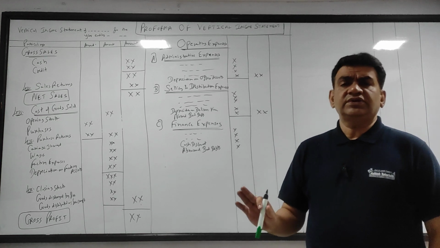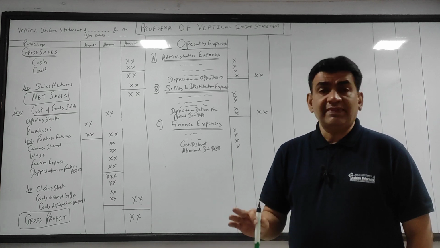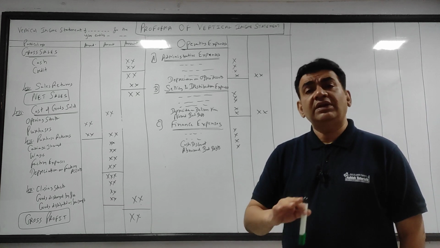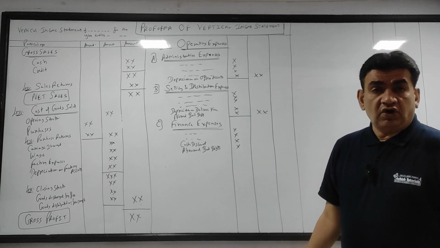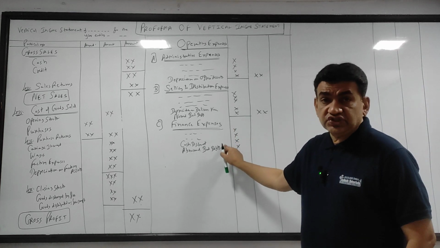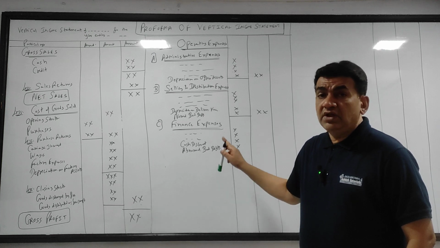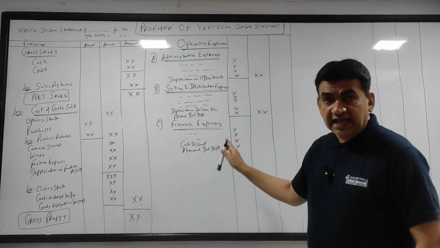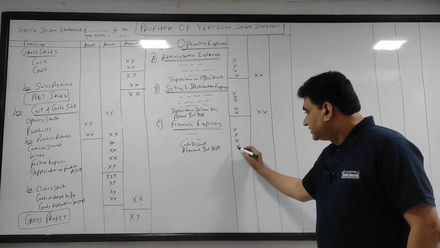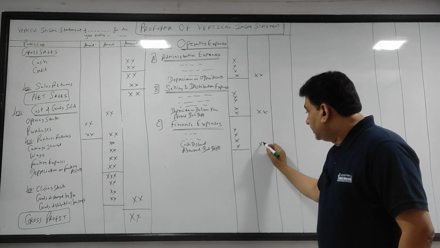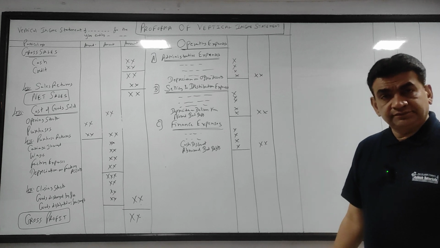They will give you in the question abnormal bad debts. अगर abnormal bad debts नहीं दिया है, only normal or only bad debts, you will take it as selling and distribution. Got it? And याद रखना, interest only on short term loans. Long term loan का interest यहाँ पे नहीं आएगा, it will come in some time. Got it? So take इसका total in the second column.